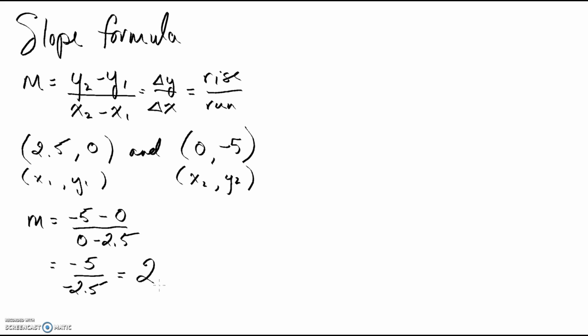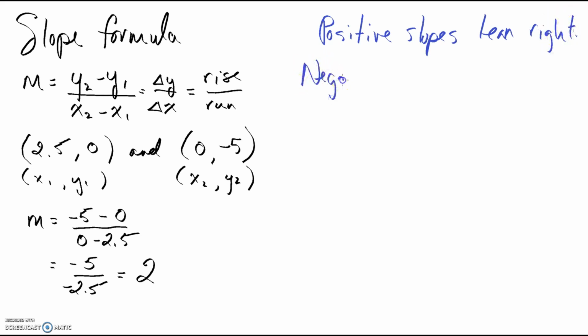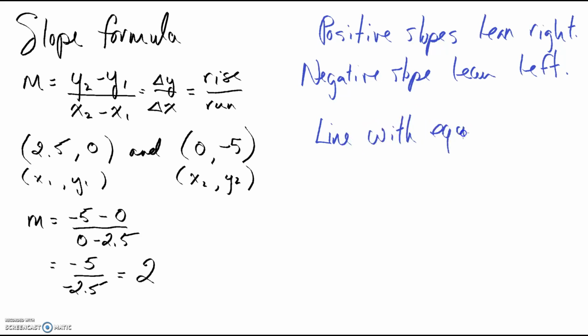Okay, some general things about slopes. Positive slopes lean right. Negative slopes lean left. Lines with equal slopes are parallel.